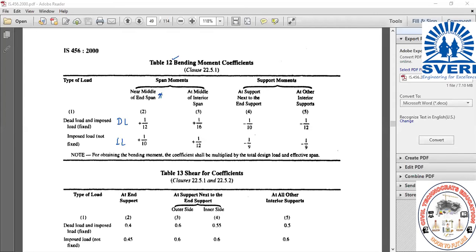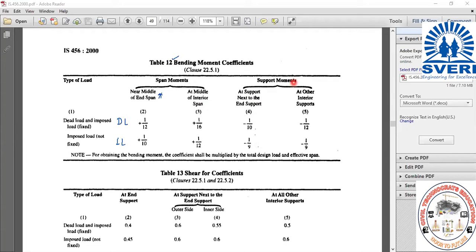So these are the coefficients at support next to end support. And then at middle of interior span, the coefficients are 1 by 16 and 1 by 12.